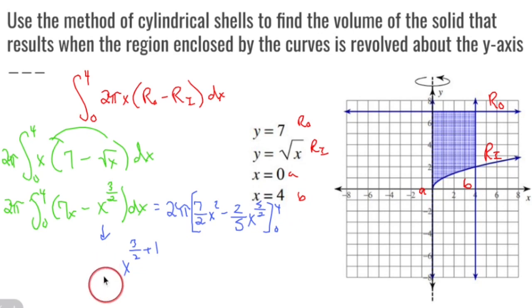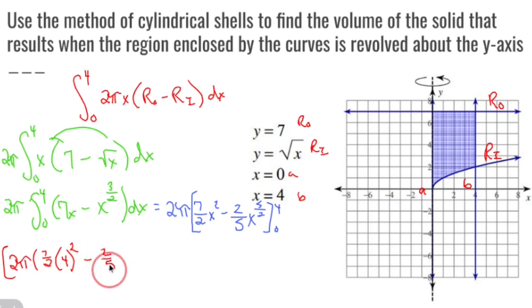But I have what I need to start using the fundamental theorem of calculus, so I'm going to do just that. I'm going to write this out, plug in 4 for every x, so 2 pi times 7/2 times 4 squared minus 2/5 times 4 to the 5/2, close it.